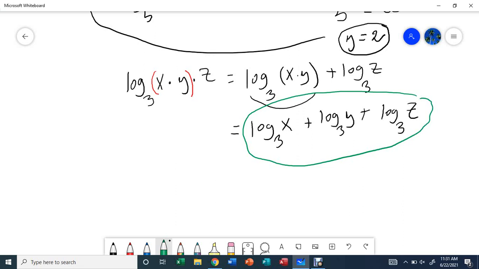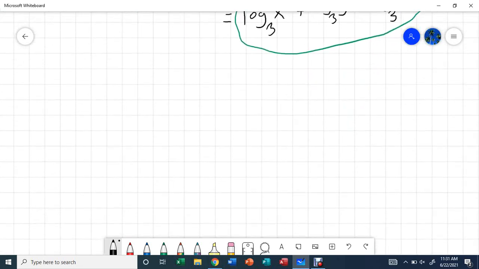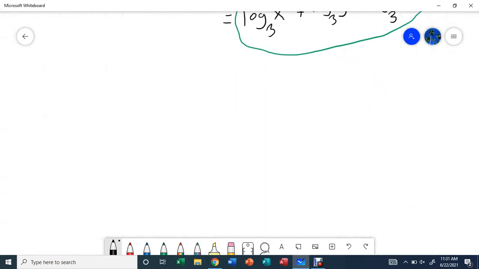So let's do another example where you want to use the quotient rule and the power rule. Let's see, simplify log base 7 of x over y, to the third power.